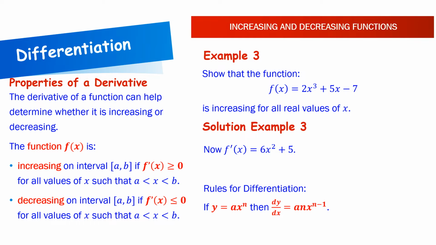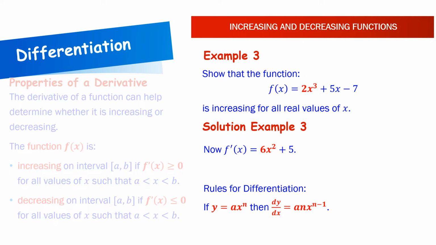If you've forgotten how to differentiate, note the rules for differentiation towards the bottom of your screen. 2x cubed differentiated becomes 6x squared, applying this rule. And 5x differentiated becomes 5. And of course, the minus 7 is going to be 0 when differentiated because it's a constant.